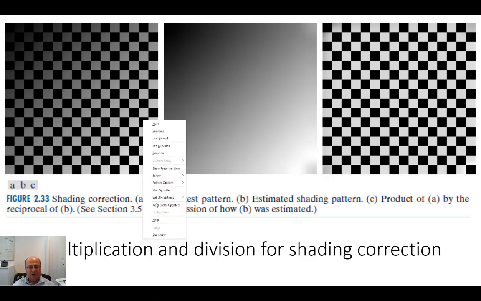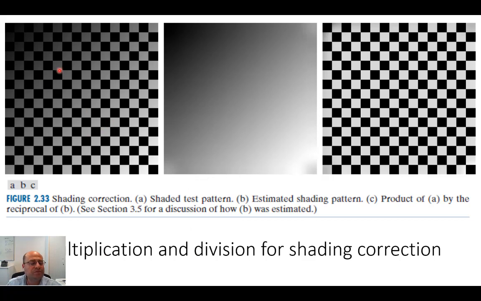Let's say that we have one of these very irritating effects. This is an electronic defect on a camera where one portion of the image is darker than the other. If I find a way of estimating this shading pattern, I can invert the shading pattern. By inverting it, I just mean taking the negative.